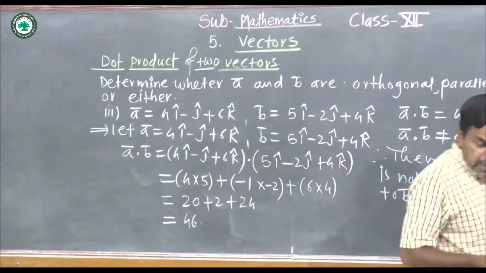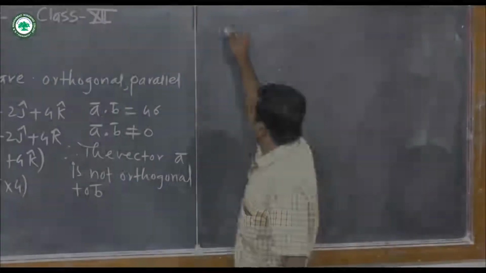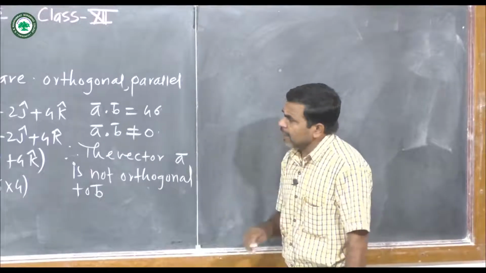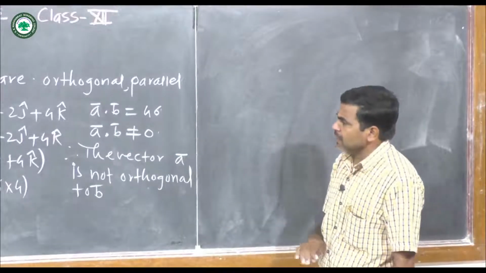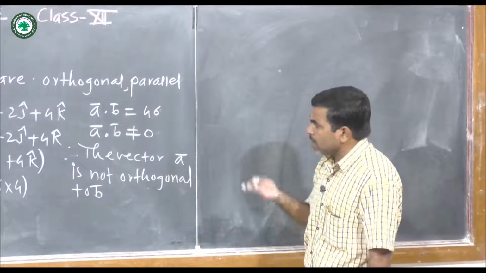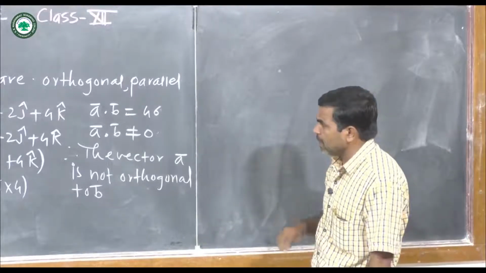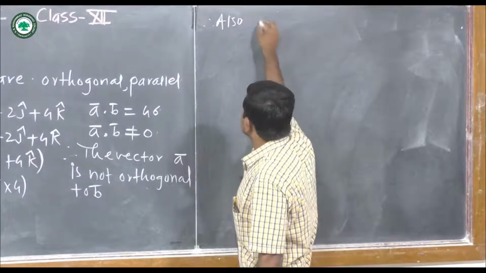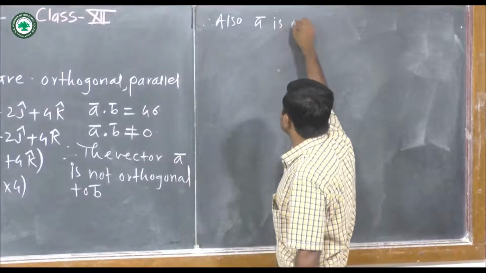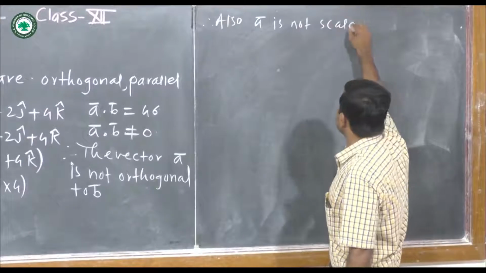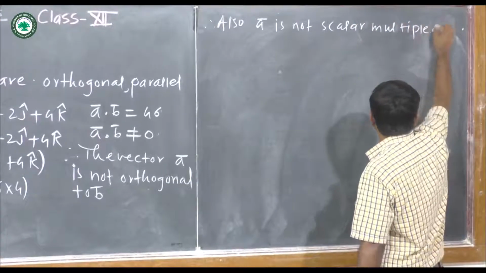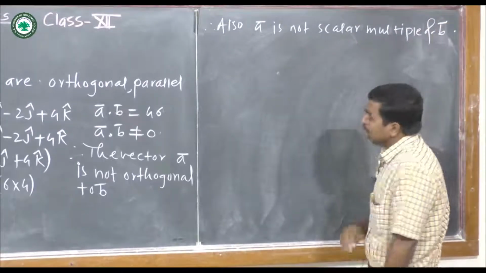Also, if we observe A bar and B bar, here we can't write A bar as a scalar multiple of B bar or B bar as a scalar multiple of A bar. So therefore, here also A bar is not a scalar multiple of B bar.